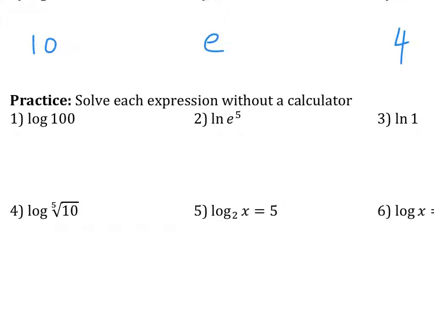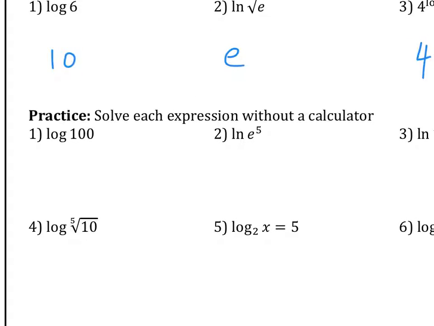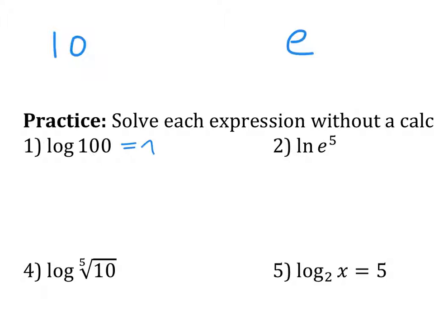Okay. Amelia, number 1. Okay, so basically what you can do is this loop thing. Log with no base is base 10, and you can loop around. So 10 to the what is 100 is the question.